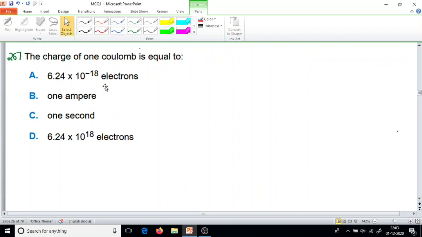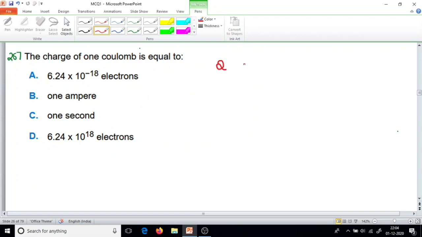And today's last question. Question number 25. The charge of 1 coulomb is equal to the charge of how many electrons? That is the question. It is the same thing we have already solved.